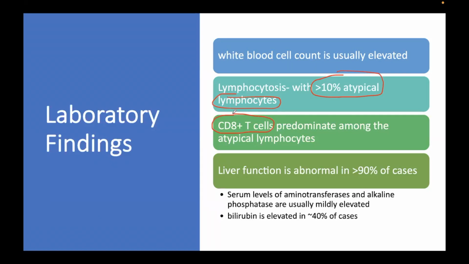Liver function test is usually abnormal. A liver function test in more than 90% of cases is going to be abnormal. It ranges from elevated bilirubin to elevated liver transaminases, as well as alkaline phosphatase. Just tell yourself, the liver function test is abnormal.